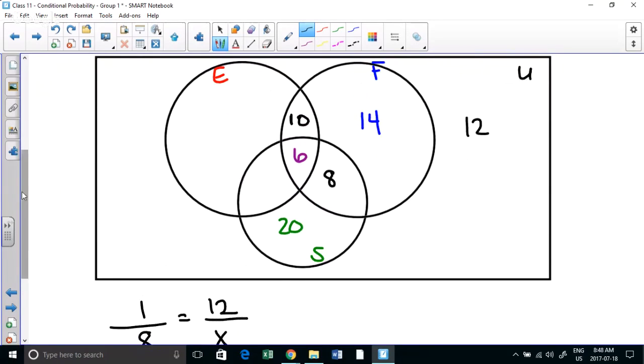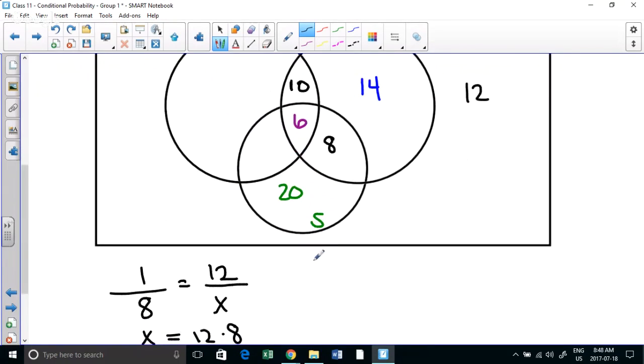So I'm missing 2 things here. So I'm just going to figure out how many people I'm missing. So there are 26 people that need to go in here.